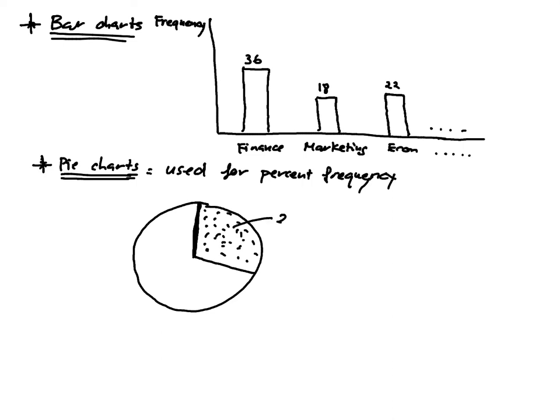This is 26.67, and then you have a label to indicate to people that this is finance, right? So the finance is the part of the pie that is dotted. We have 13% that is marketing majors.